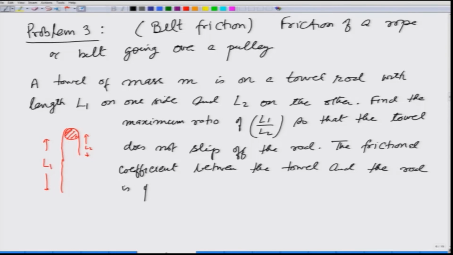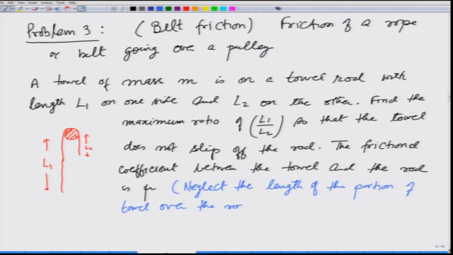Further, what we are saying is neglect the length of the portion of towel over the rod. As you just now saw, the rod is really very small in radius, so that length is really negligible.